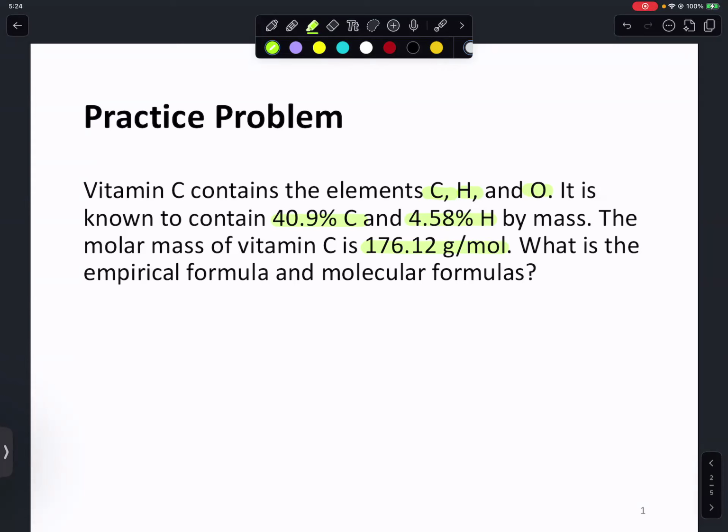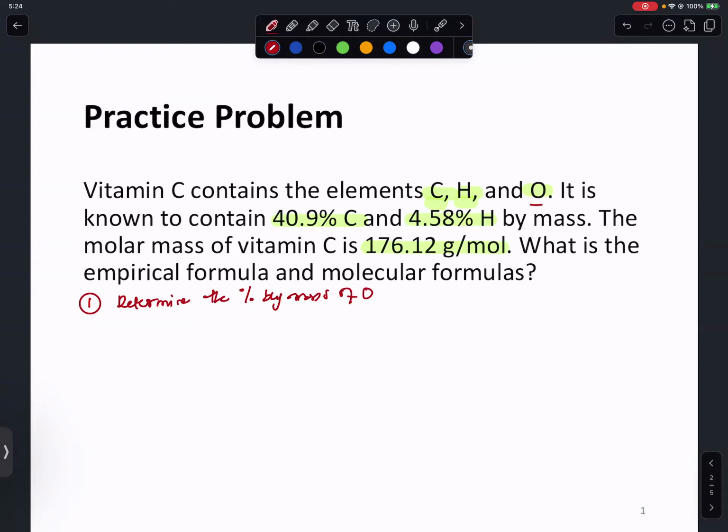So first things first, when you have percent by mass, all the percent by mass of each element should add up to 100. Now, if you notice right here, I only have the mass percent for carbon and for hydrogen, but I don't have it for oxygen. So in this case, it becomes really easy, and I can say that the first step is we will determine the percent by mass of oxygen.